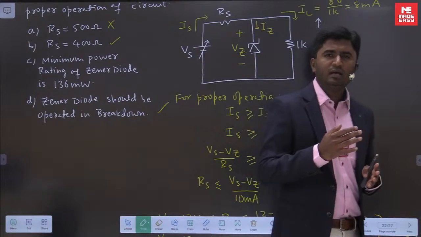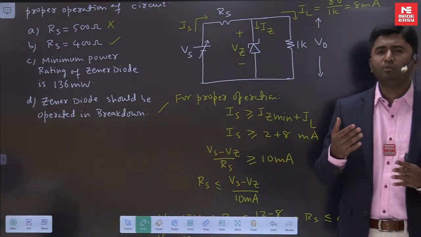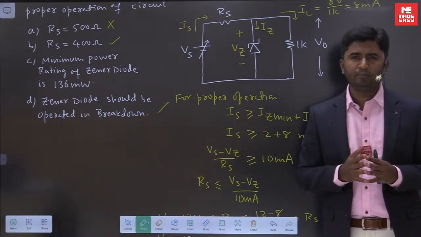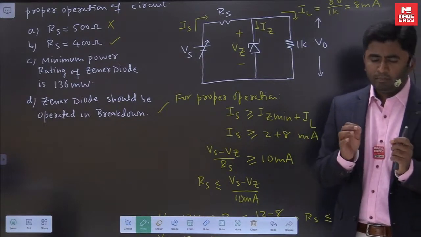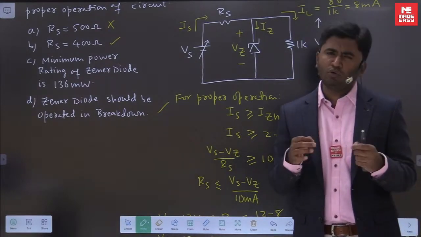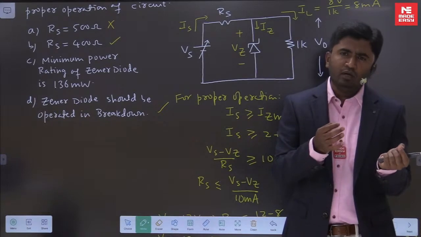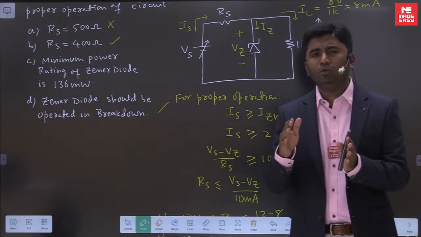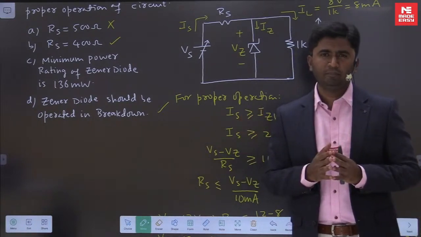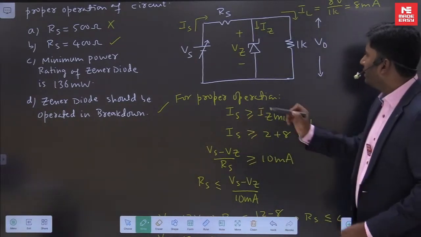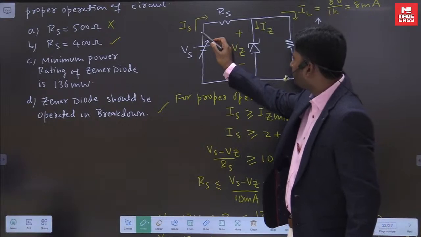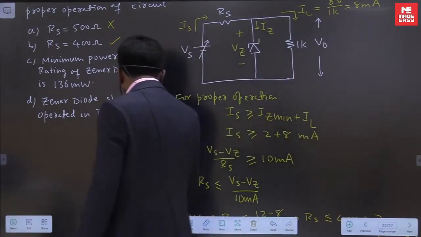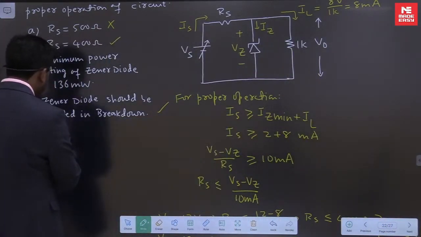Whenever question comes about power rating, you should calculate maximum power dissipation. इस चीज को आप याद रखिए. पावर रेटिंग या मिनिमम पावर रेटिंग, वो कुछ भी पूछें, whether they ask you minimum power rating or power rating, it is always equal to maximum power dissipation. तो हम पहले यहां पर maximum IS फाइंड कर लेते हैं. IS max, let us calculate IS max.